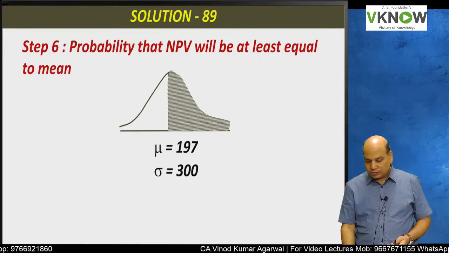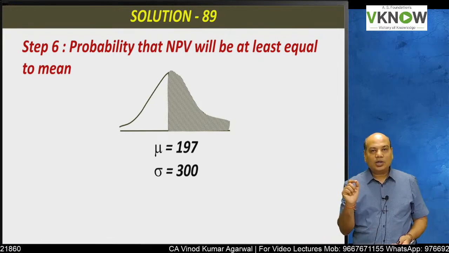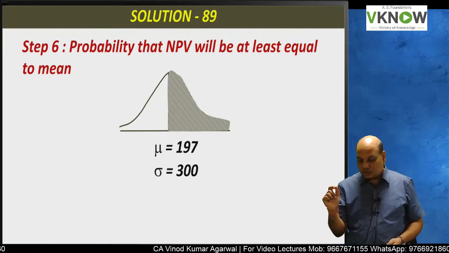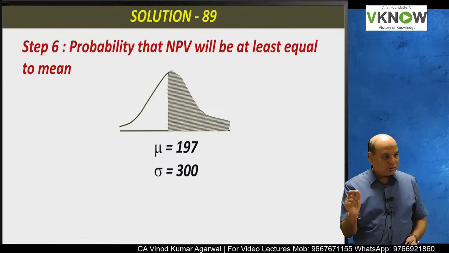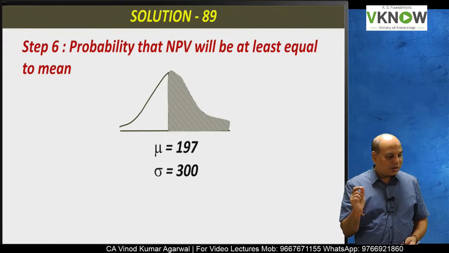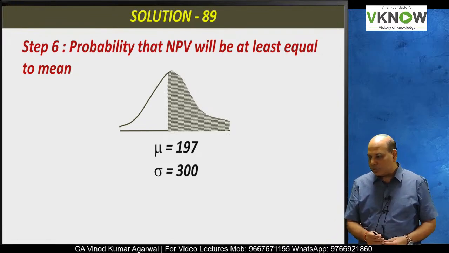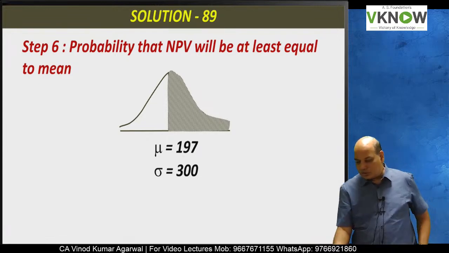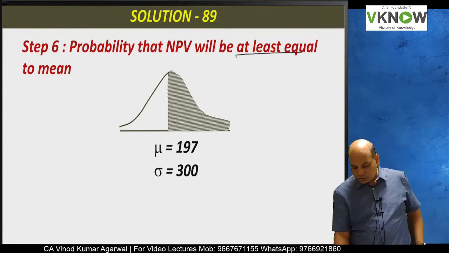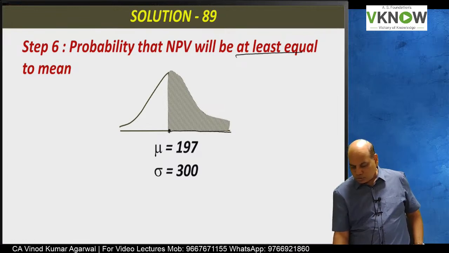Next answer, step number 6, probability that NPV will be at least equal to mean. At least equal to the mean means either 197 or more than 197.